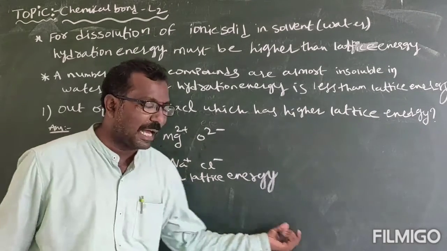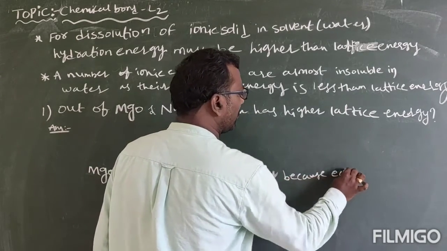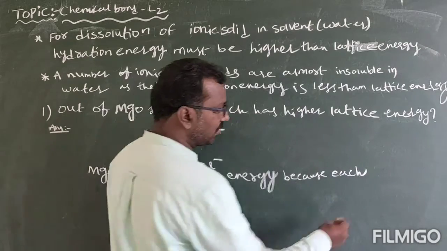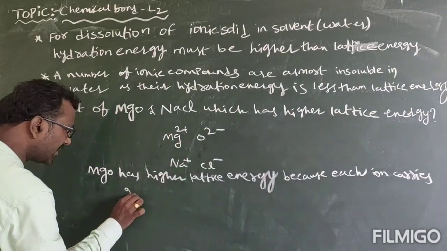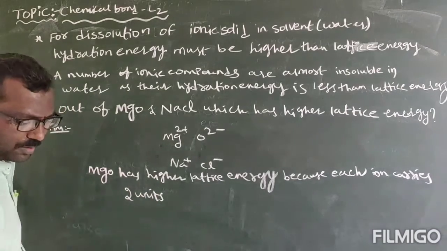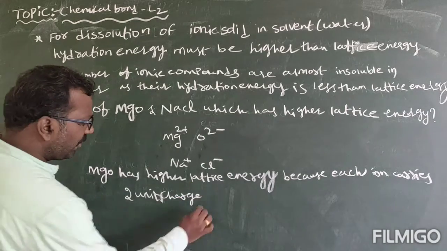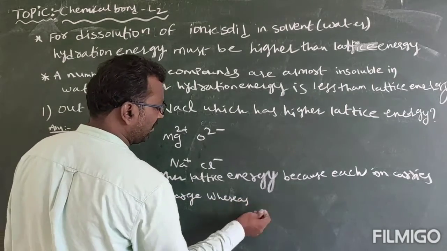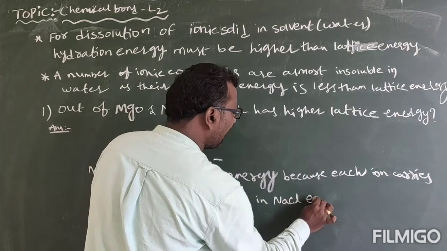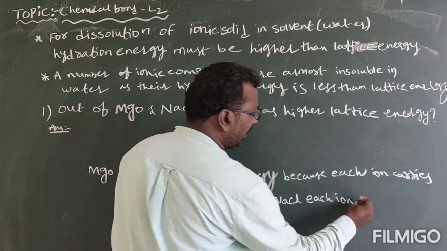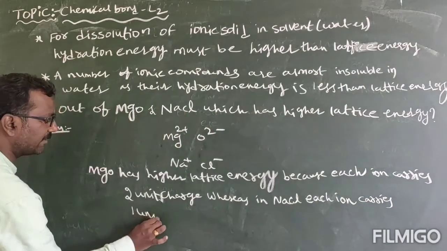So MgO has higher lattice energy because each ion carries a 2-unit charge, whereas in NaCl each ion carries a 1-unit charge only.